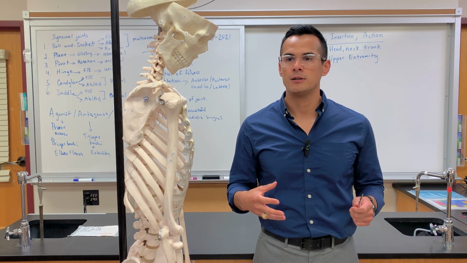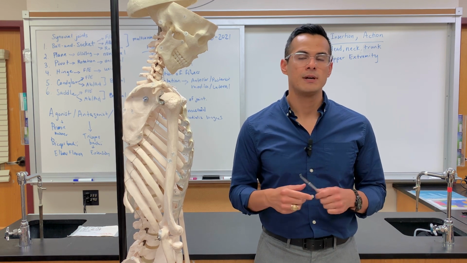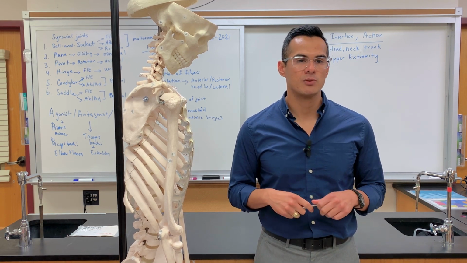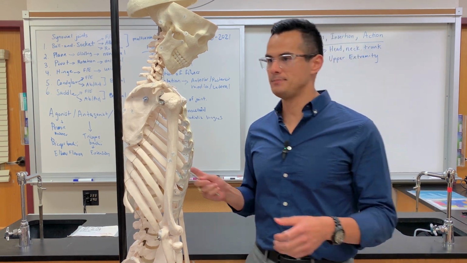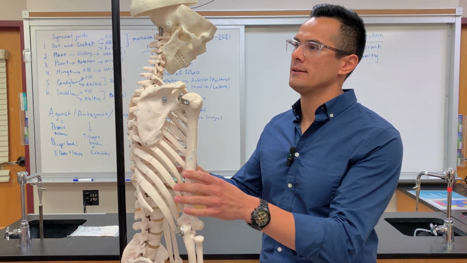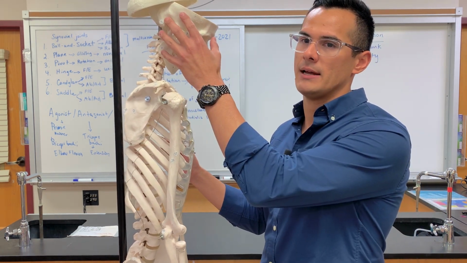Now we're going to learn where these muscles start, where they end, and how this allows us to move, and also some of the relationships between muscles, such as antagonist and agonist. The first ones we're going to start with are the muscles here in the head.